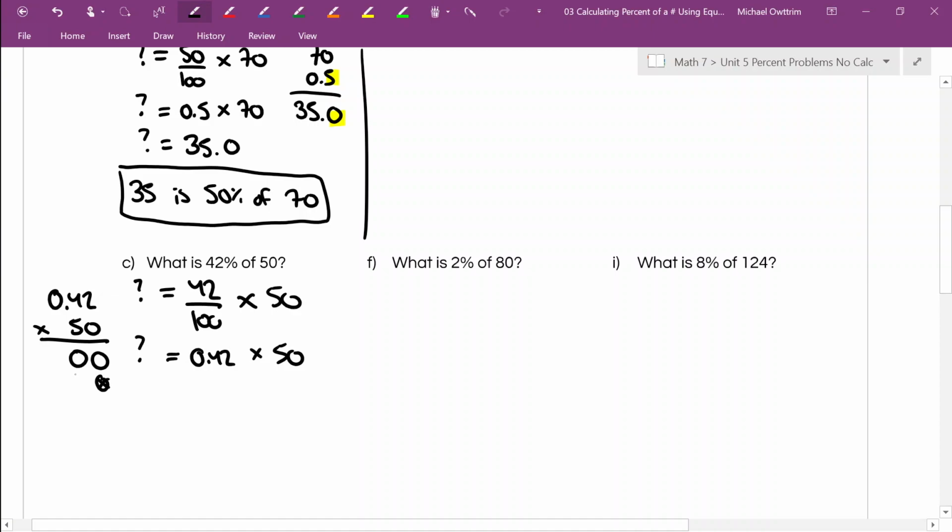Placeholder 0. 5 times 2 is 10. Carry a 1. 5 times 4 is 20, plus 1 is 21. 2 digits in decimal places. So our answer here is 21. And we can say 21 is 42% of 50.